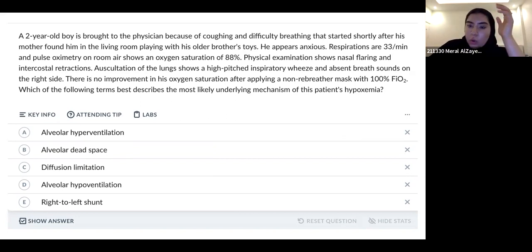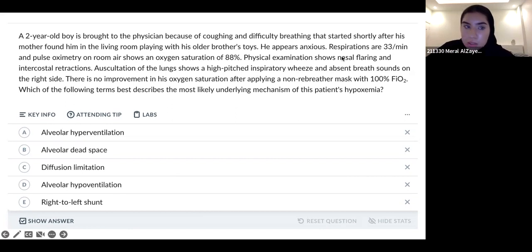So 88 indicates that the oxygen saturation is low, so the patient doesn't have enough oxygen, obviously indicating hypoxia. His respiratory rate is 33, indicating that he's in a hyperventilating state. PO2 is low, and he is trying to breathe more to regain his oxygen levels to normal.